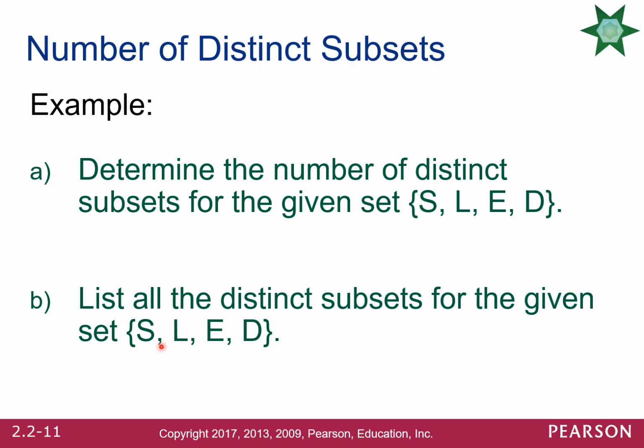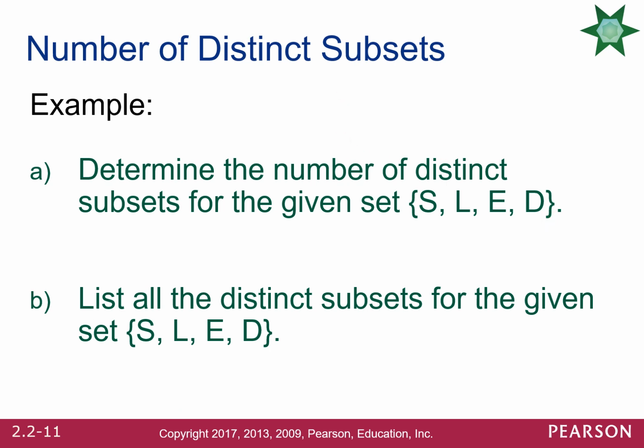And in the second part of the question, they ask us to list all those subsets with their elements. All right, so we will handle the second part later on. Let's work on the first part, where we just give the number of distinct subsets that can be created out of this list of 4 elements S, L, E, D.